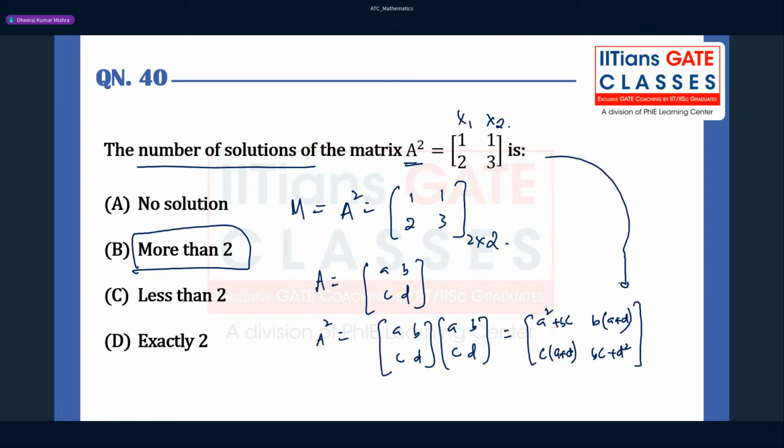You can equate, so you will get the matrix A. A square is this, and then you compare. You will find some values, like you will get some equations, right? A square plus BC equal to 1. I can write all those equations, right?